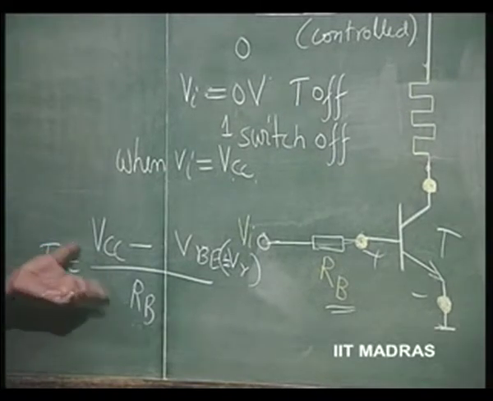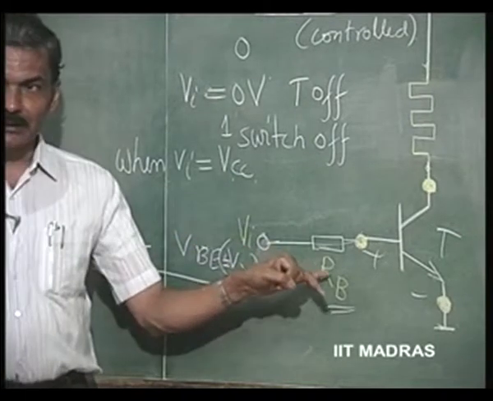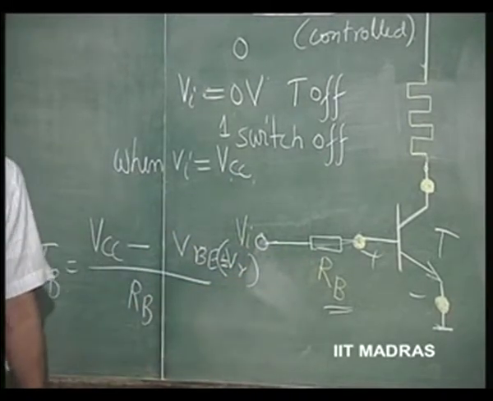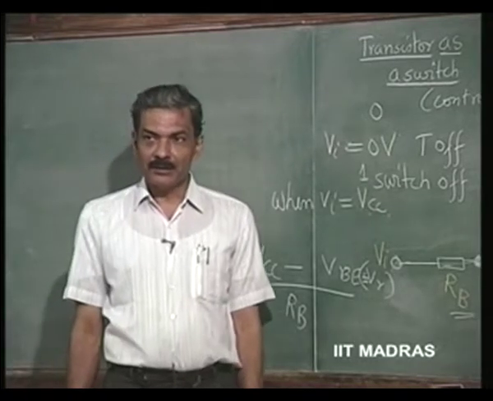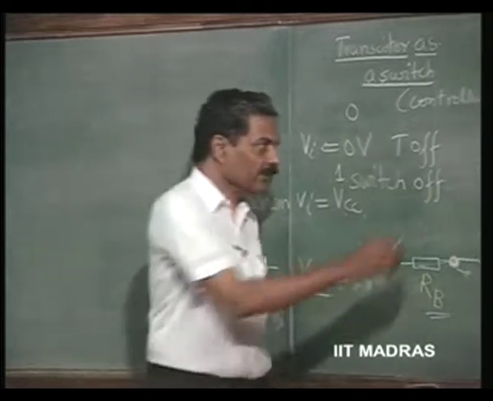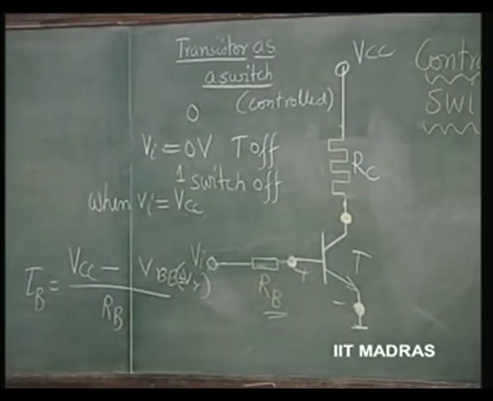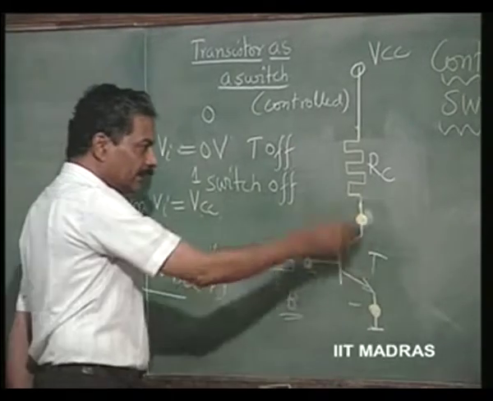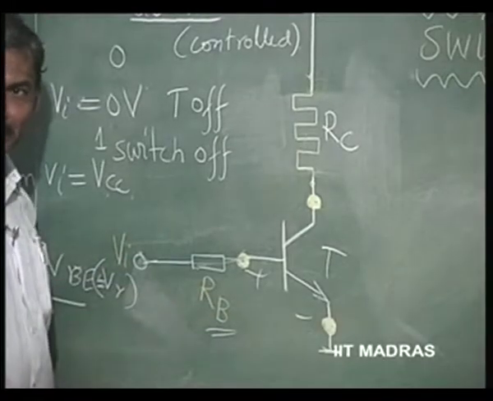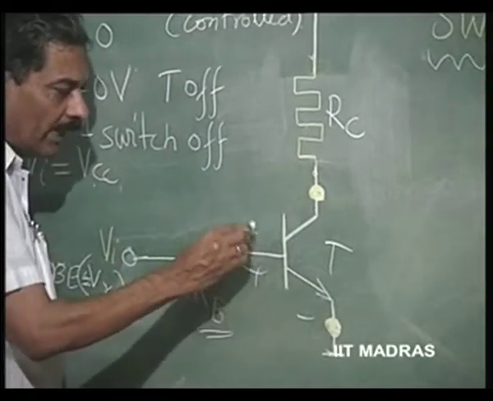What is the current which you will select? When such a current flows through this transistor, the transistor should go to saturation. It should not remain in the active region. Let us assume that this resistance is Rc. So, if the transistor is going to saturation, then both junctions will have to be forward biased.